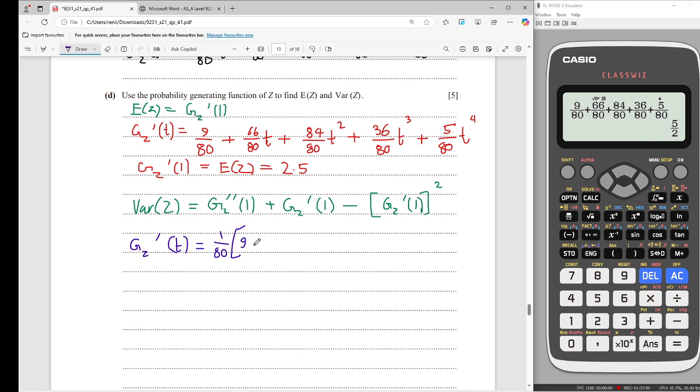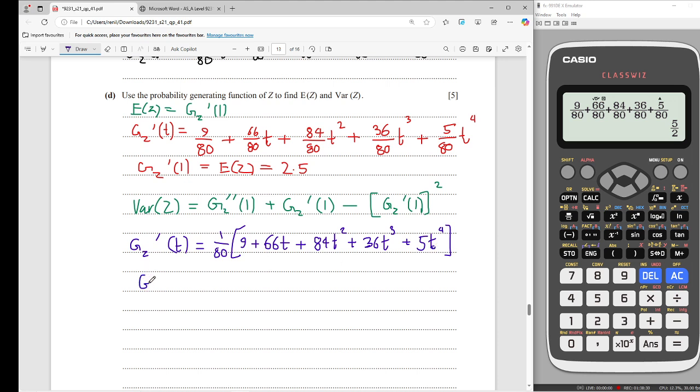We have 9 plus 66t plus 84 t squared plus 36 t cubed plus 5 t to the power 4. All I've done is factorize so that our differentiating will be easier.